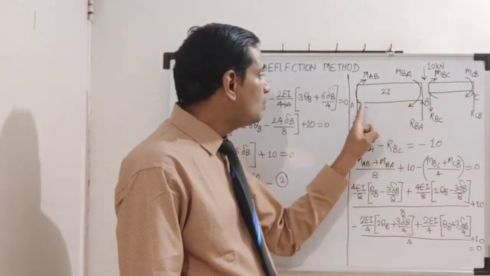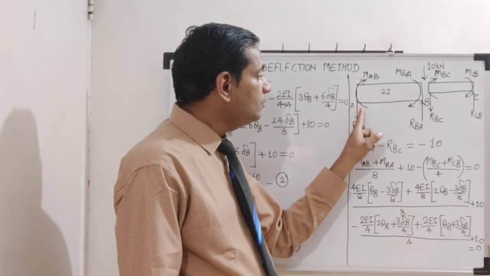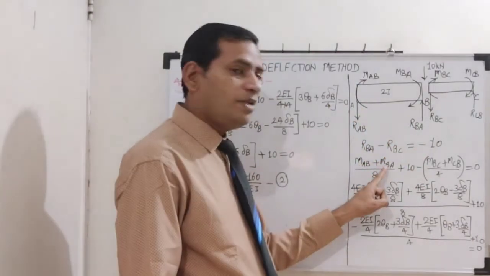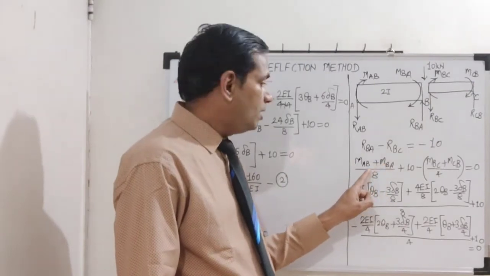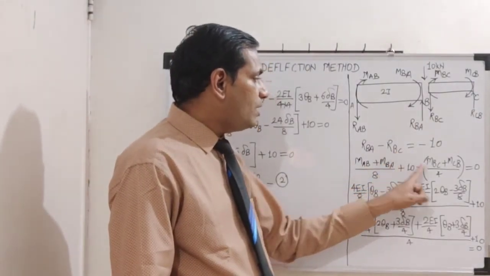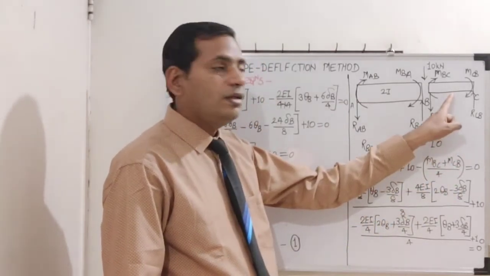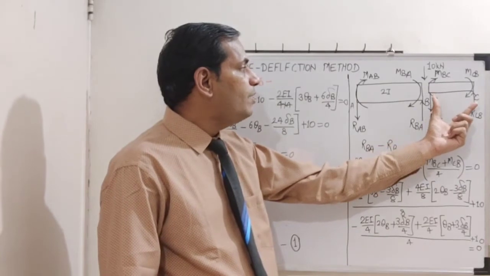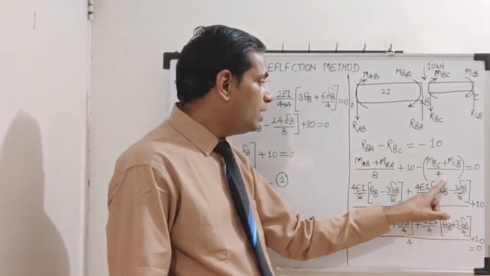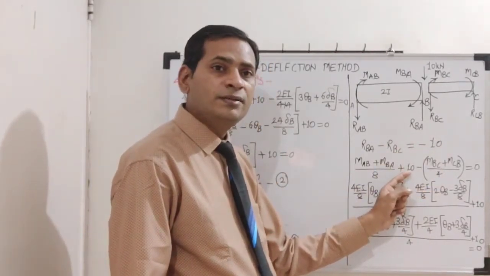I have taken summation of moment about A, it is equal to 0, and I'll get RBA as MAB plus MBA upon 8. Similarly, RBC also I have taken as this particular bracket from free body diagram of span BC. So it is MBC plus MCB divided by 4. I have got minus 10 on left hand side, it has become plus 10.